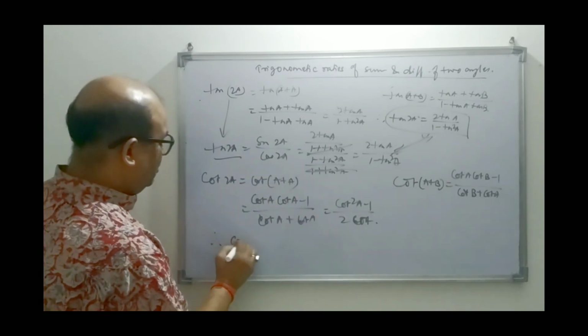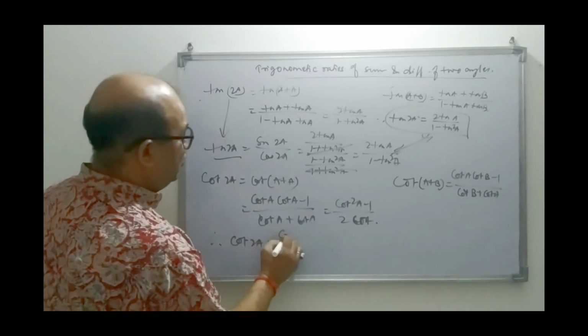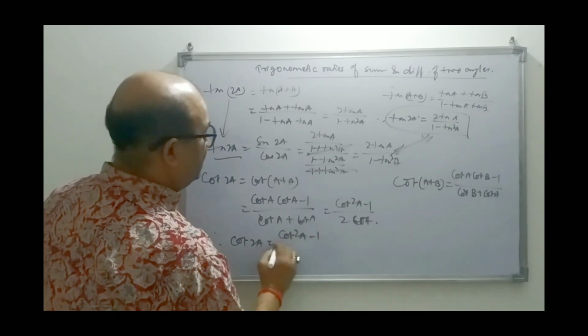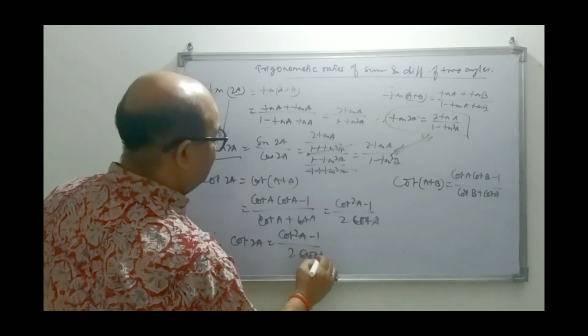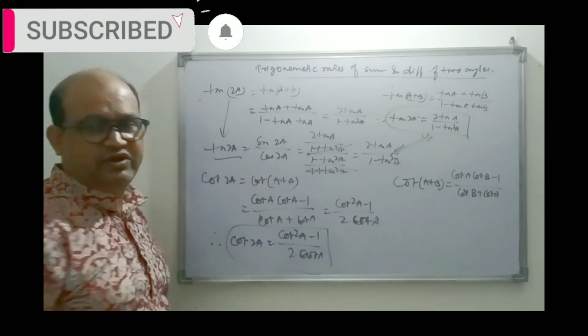So cot 2A equals cot square A minus 1 upon 2 cot A. So these are the identities we got.